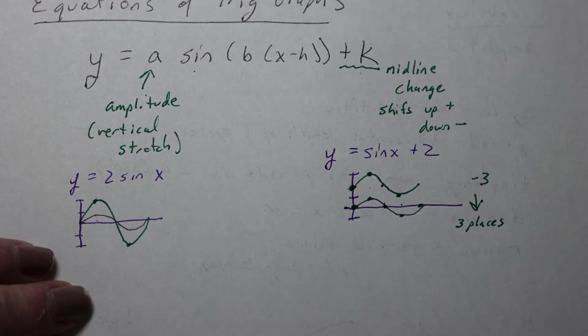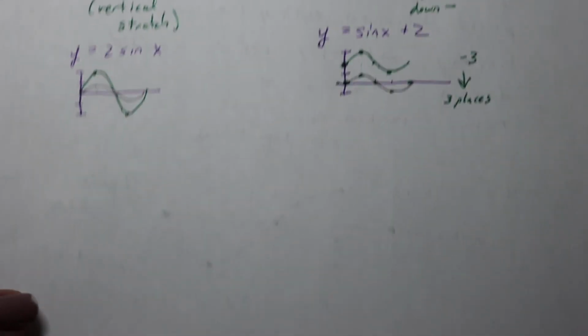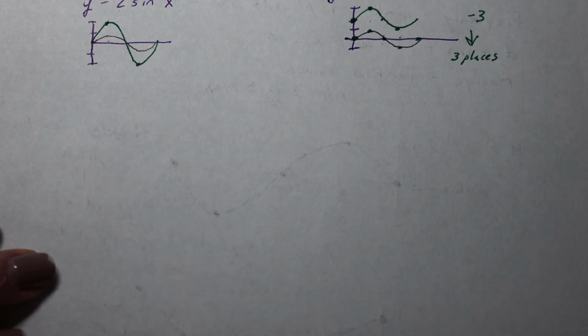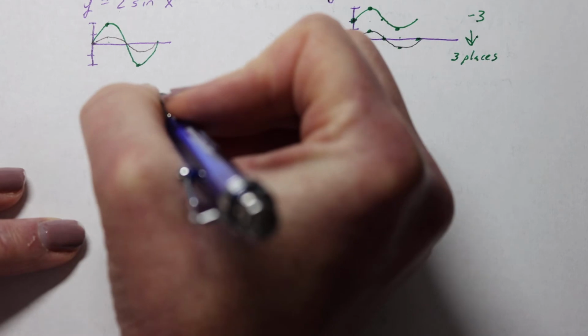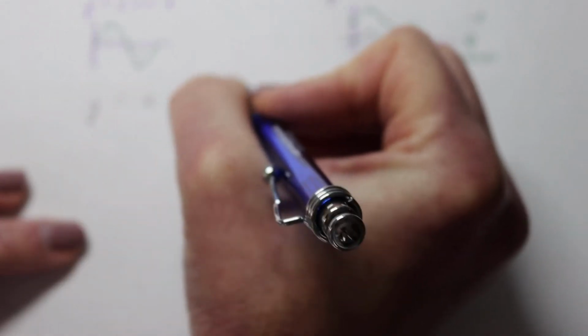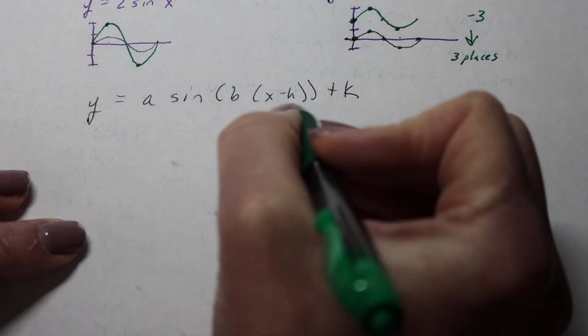Okay, next thing, and I'm going to rewrite the equation so that we can see as I move my paper up. We've got y equals a sine b times x minus h, plus k. What are we going to do with those other pieces? The h piece gives me a horizontal shift.